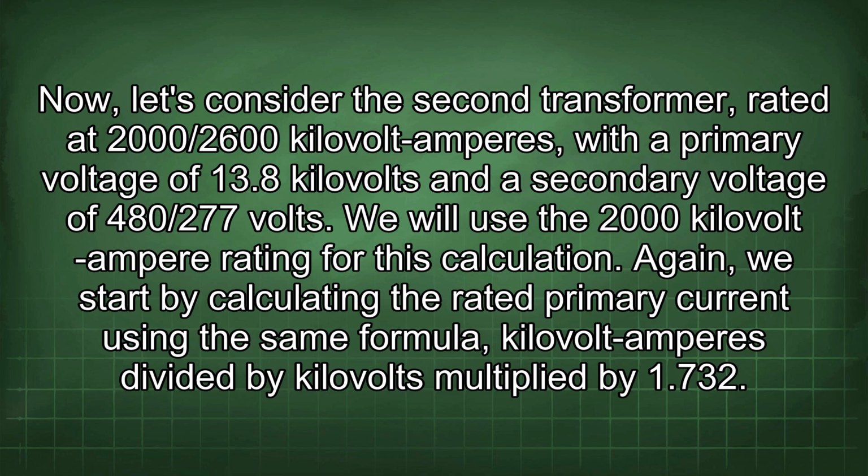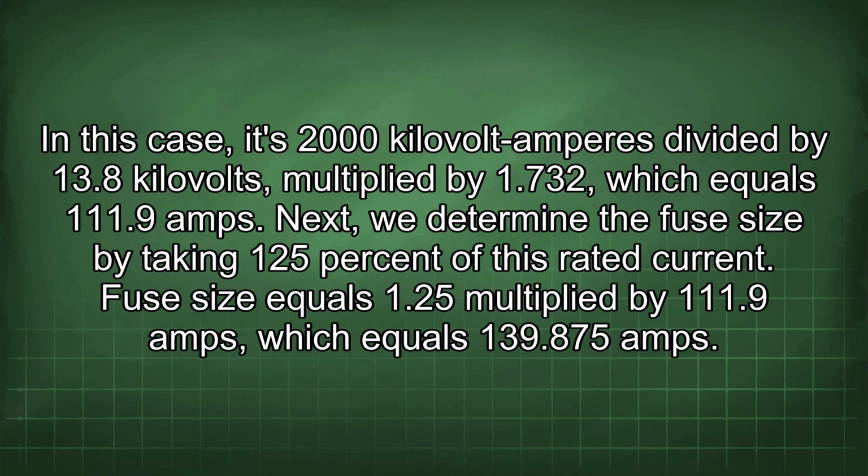Again, we start by calculating the rated primary current using the same formula, kVA divided by kilovolts multiplied by 1.732. In this case, it's 2000 kVA divided by 13.8 kV multiplied by 1.732, which equals 111.9 amps.